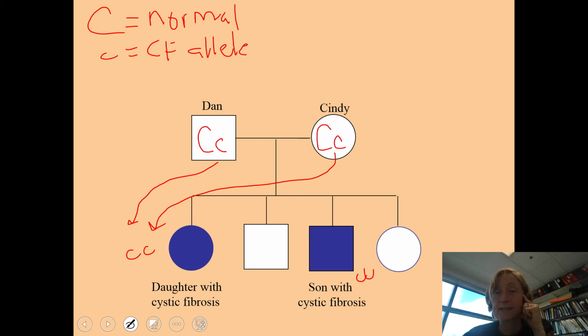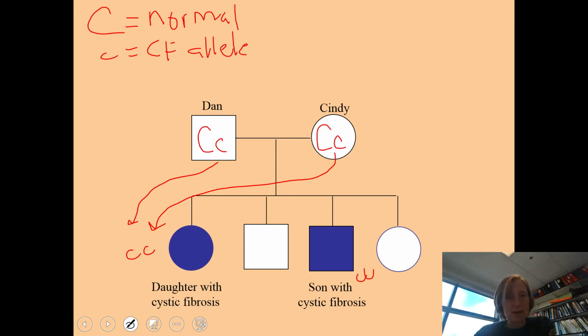We would say that Dan and Cindy are heterozygous, or carriers of the cystic fibrosis allele. So Dan and Cindy wonder, if we have another child, what's the probability that we'd have a child with cystic fibrosis? And by the way, they did have another child, a little girl who is healthy.